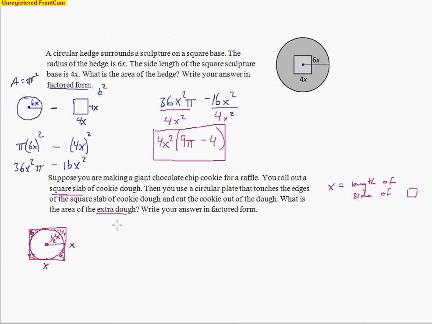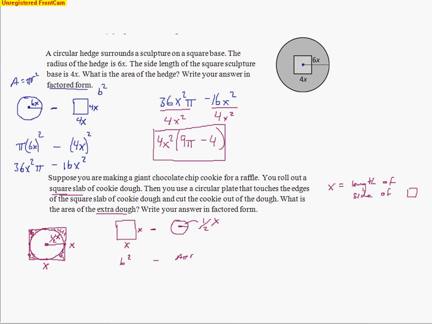The formula is going to be backwards from what we did here, because now instead of the circle being bigger, the circle is smaller. So I'm going to subtract the circle from the square. I know this side is x and this side is x, but the circle has a radius of 1/2 x, so I just plug them into my formulas. Remember, your formula here is base squared, and over here it's pi r squared.